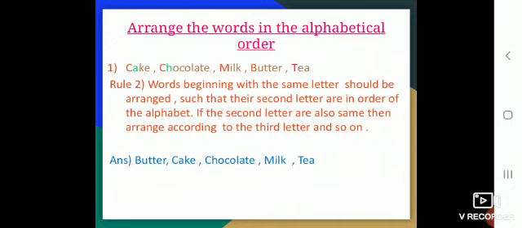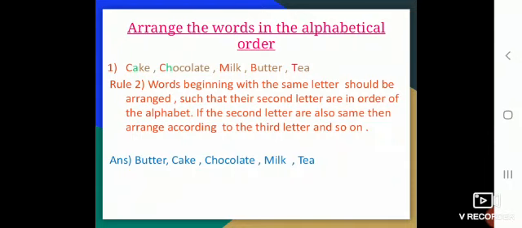So obviously A comes before H. So in the order, cake will come at the second position, chocolate will be on the third position, and fourth will be milk, as M comes before T, and the last word in the order will be tea.